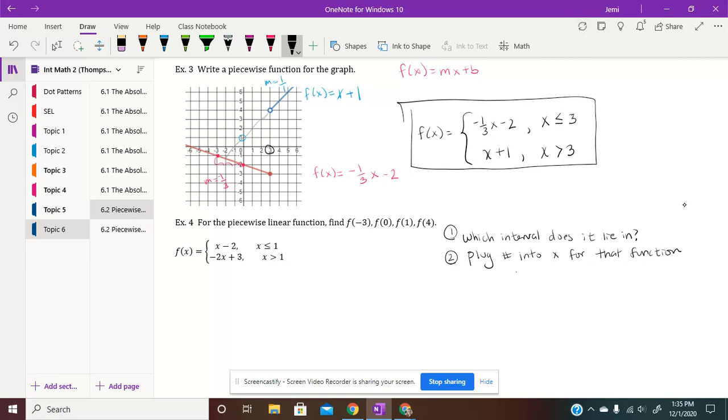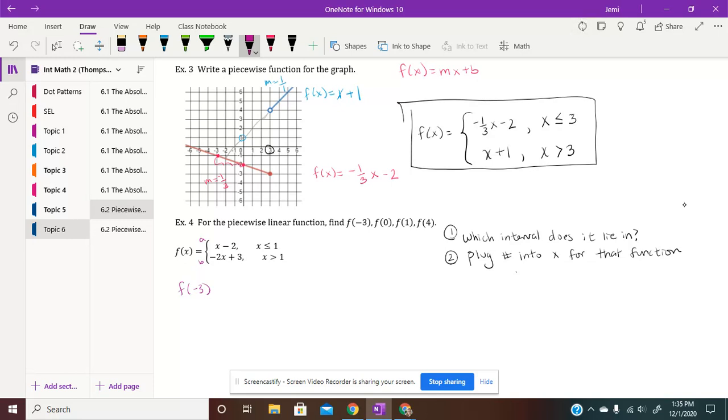Then I'm going to plug a number into x for that function. So I'll start with f of -3. And maybe I just identify these. Maybe I call this A, maybe I call this B if it's helpful.